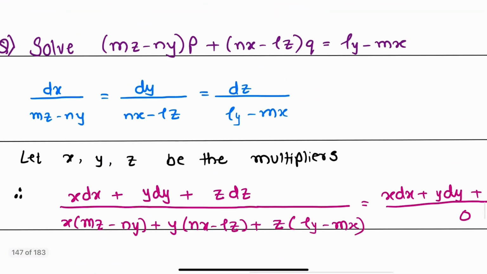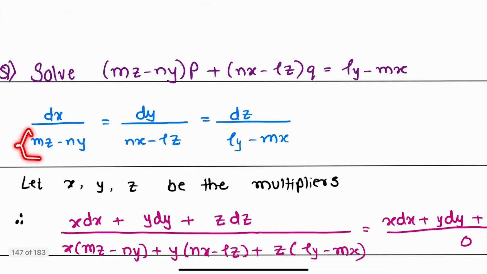Now, if we observe this again, earlier we observed we have z and y, we don't have x. We have x and z, we don't have y. And we have y and x, and we don't have z here. Similarly, we have m and n, but we don't have l here. N and l, we don't have m here.